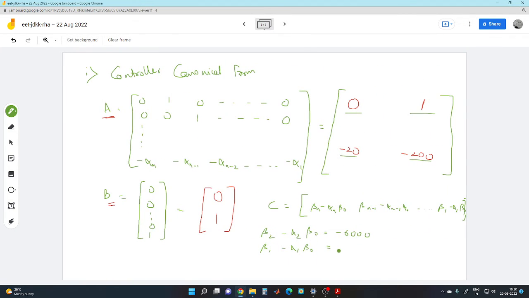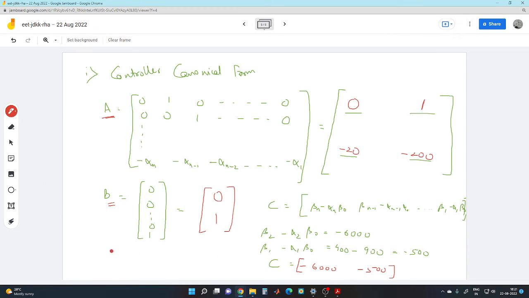So what will happen here is it will become 400 minus 30 into 30, 900, which becomes minus 500. So C will be equal to minus 6000, minus 500.